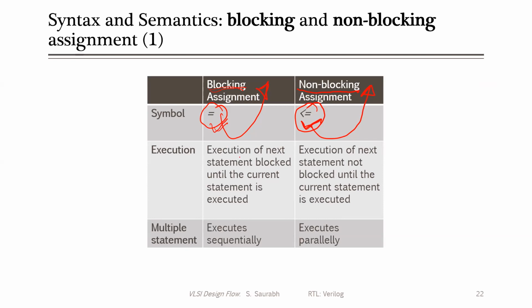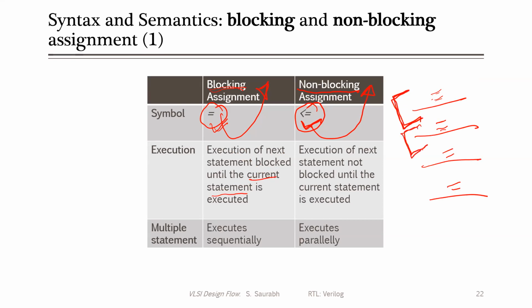In a blocking assignment, the execution of the next statement is blocked until the current statement is executed. So you have one statement, another statement, a third statement, a fourth statement. If all are blocking statements, meaning they have the symbol equal to between the LHS and RHS, it means that once a statement is executed and completed, only then does it go to the next statement.